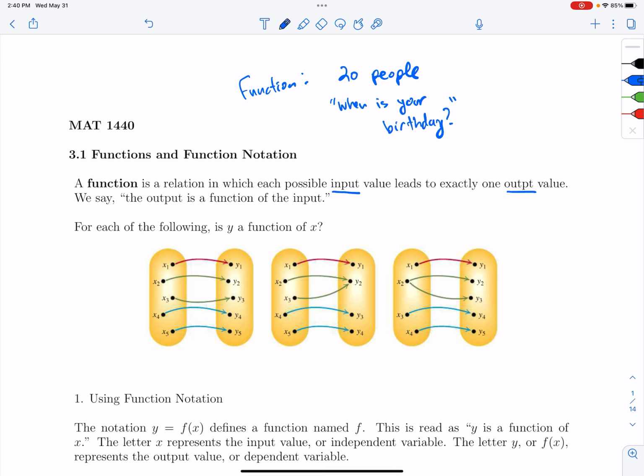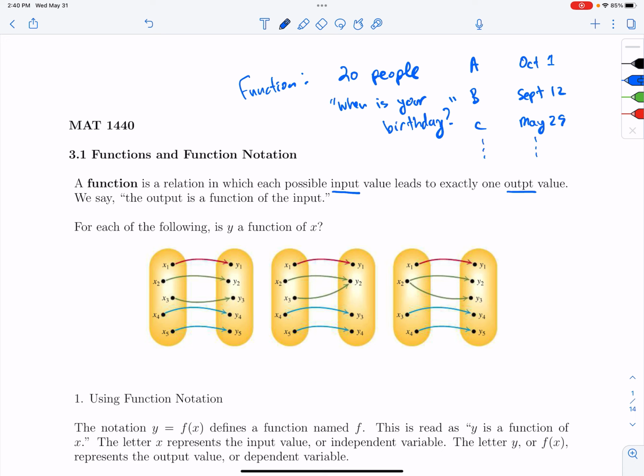Now, each person would think about that, and they would respond by saying exactly one day for their birthday. So suppose student A, their birthday is October 1st. Student B could say their birthday is September 12th. Student C or person C could say May 29th, etc., all the way down.